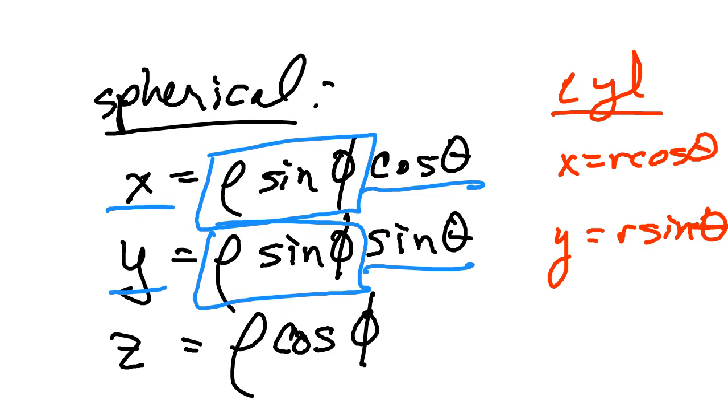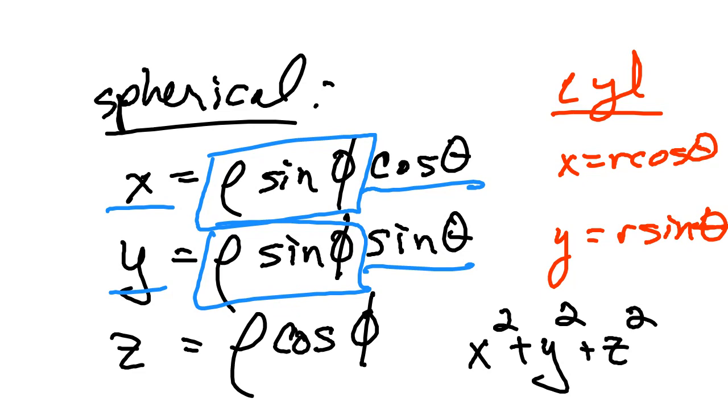And then in this case we've got z equals rho cosine phi.